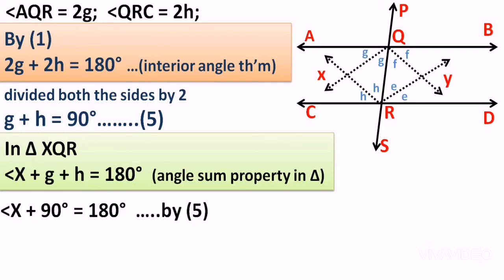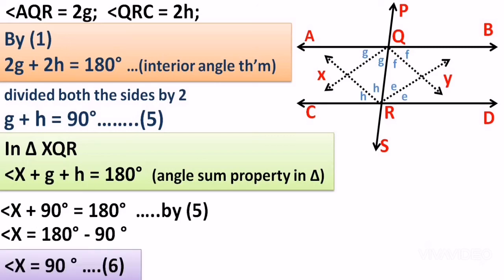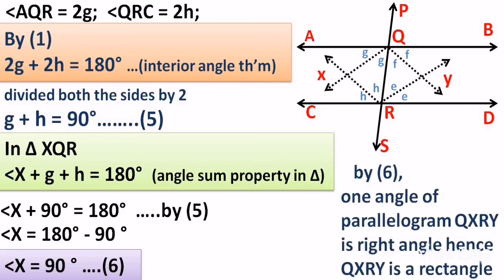So when you substitute the value and subtract, you will get the value angle X equals 90 degrees, and bang on target. The way we needed, angle X we got as 90 degrees, and hence we can say QXRY is a parallelogram with one angle 90 degrees. And if in a parallelogram one angle is a right angle, we can say that parallelogram is nothing but a rectangle, and hence quadrilateral QXRY is a rectangle, and that's what we needed, right?